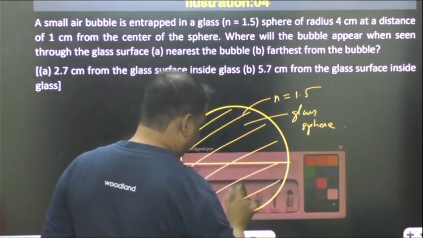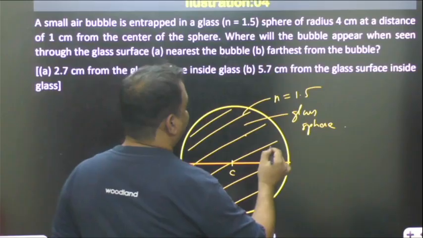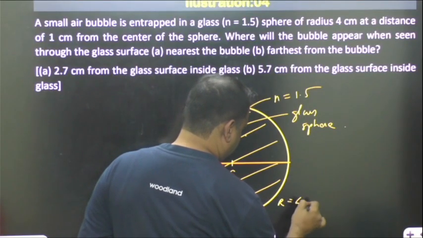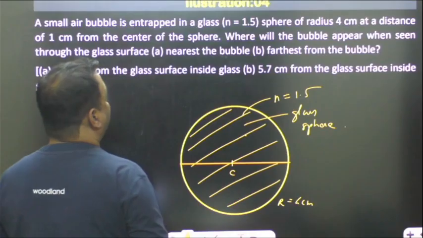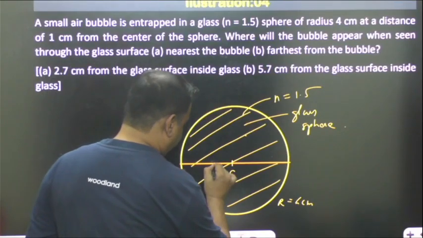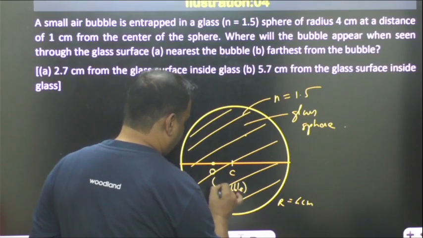So this will be the center of the sphere and the radius is 4 centimeter. And the bubble is trapped where? At a distance of 1 centimeter from the center. So say this is the bubble, I am writing O. This is your air bubble.